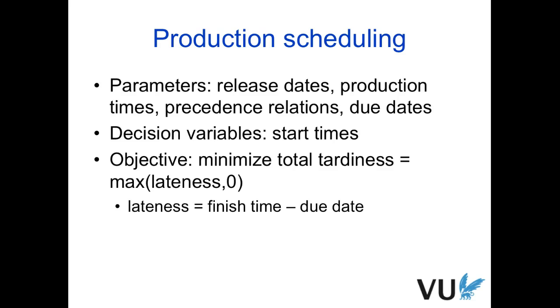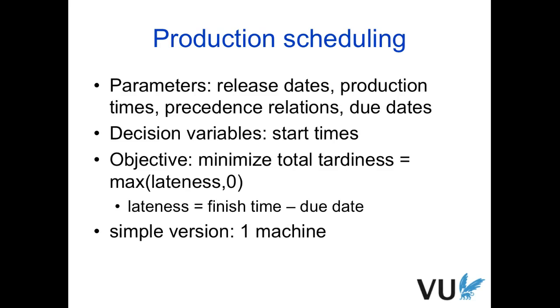But lateness can be positive or negative. When you're ready early, before the due date, then you have a negative lateness, but in the tardiness we only take the positive part of that. And as I said, one possible objective that we'll use is the total tardiness, so we sum all the tardinesses over all jobs.